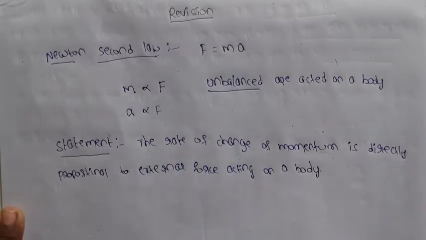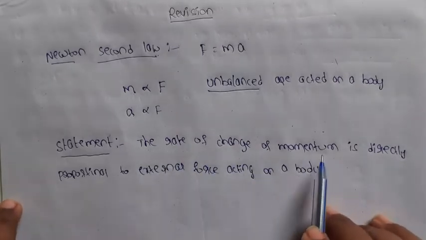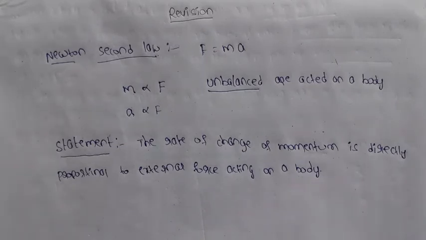The rate of change of momentum can be written as dp by dt is directly proportional to F. That is the statement of Newton's second law using momentum.